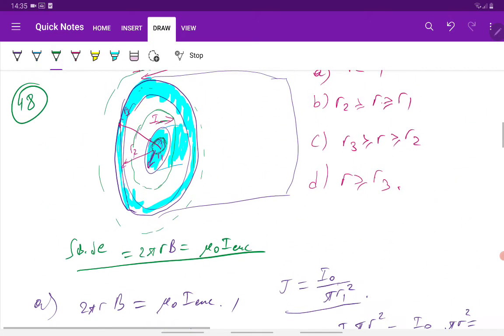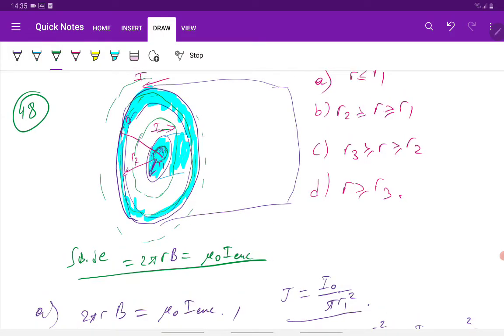So we found it. Now part C: we need to find the magnitude, but here is some complication, because in this loop current is going into the page, but in this Ampere's law current is going out of the loop, right?